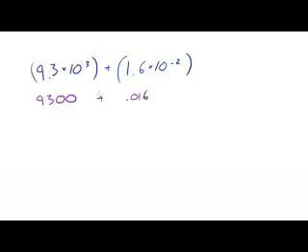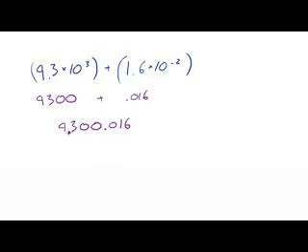Whenever you add these together, again, you don't need a calculator for this. It's 9,300.016. But obviously, this is not nearly good enough to go as the final answer on your test. What you need to do is convert this to scientific notation.